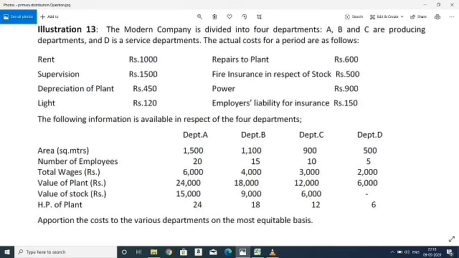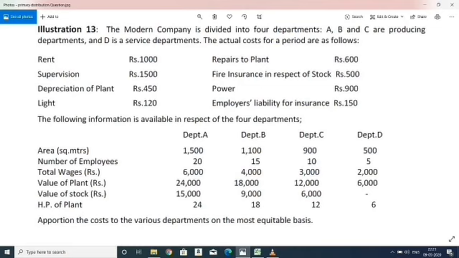Apportion the cost to various departments on the most equitable basis. This is our question. What we are going to do is to apportion this rent, supervision, depreciation of plant, light, repair to plant, fire insurance, power and employer's liability to different departments on an equitable basis.